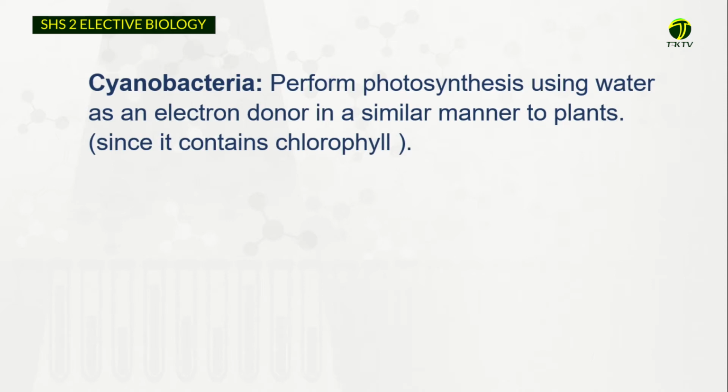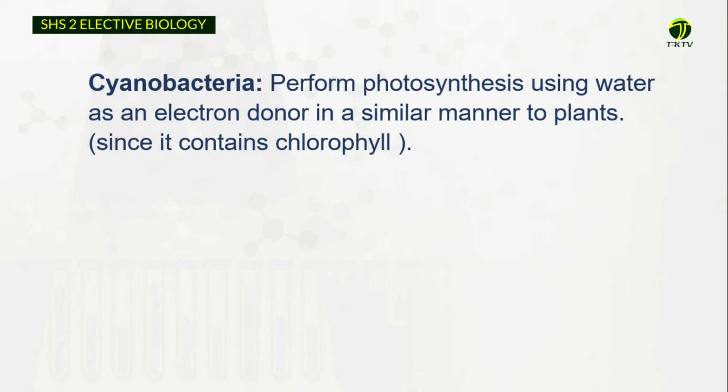How does it do it? Cyanobacteria perform photosynthesis using water as an electron donor in a similar manner to plants, since it contains chlorophyll. So, in effect, it does the photosynthesis that we know already.